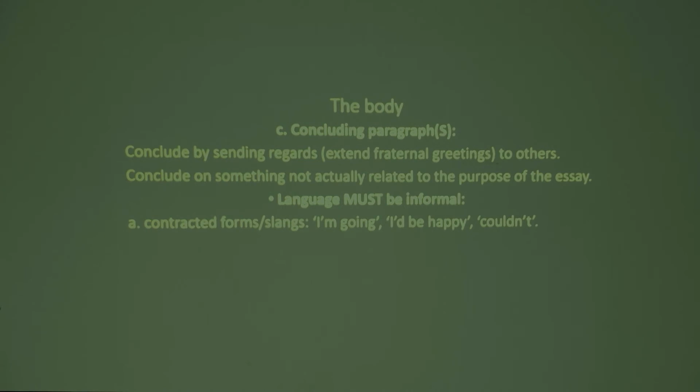So, I would be happy, say I'd be happy. You should try to use that when you are speaking to your friends. Instead of saying could not, you say couldn't. This is what you are expected to use. If you fail to use it, you lose the required marks. We shall also look at it in detail one day.